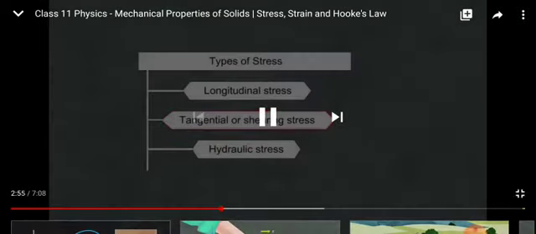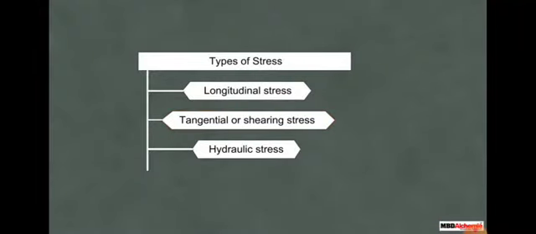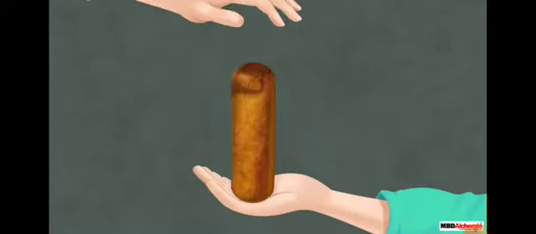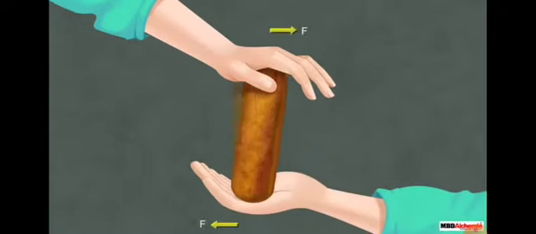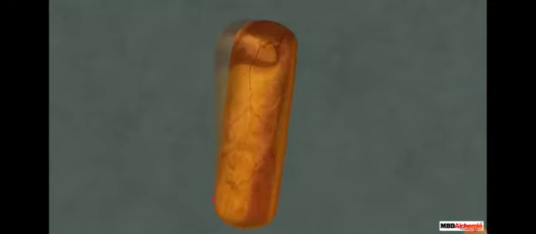Let us now understand what is tangential or shearing stress by performing a small activity. Once again, take the clay cylinder and apply force using your hands on both the faces of the cylinder in opposite directions. But this time, the force should be parallel to the cross-sectional area. You'll observe that there is a relative displacement between the two faces of the cylinder. The stress developed in this case is known as tangential or shearing stress.